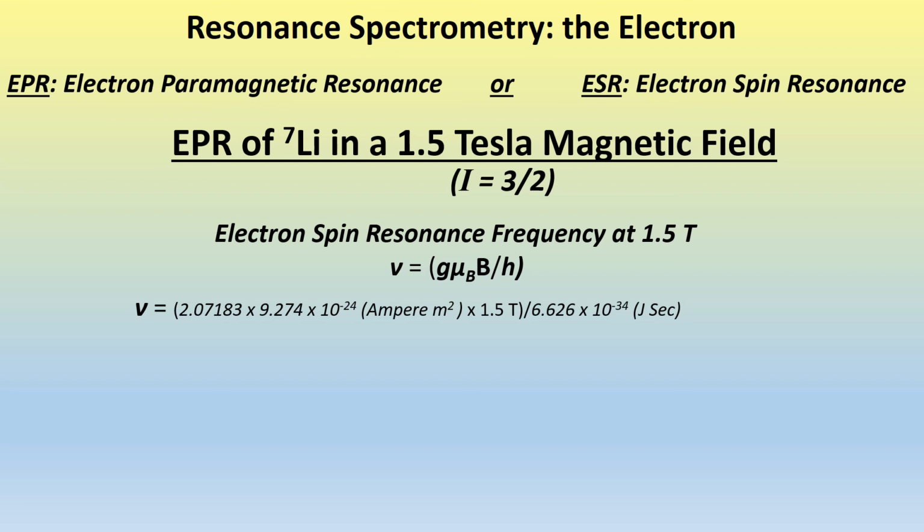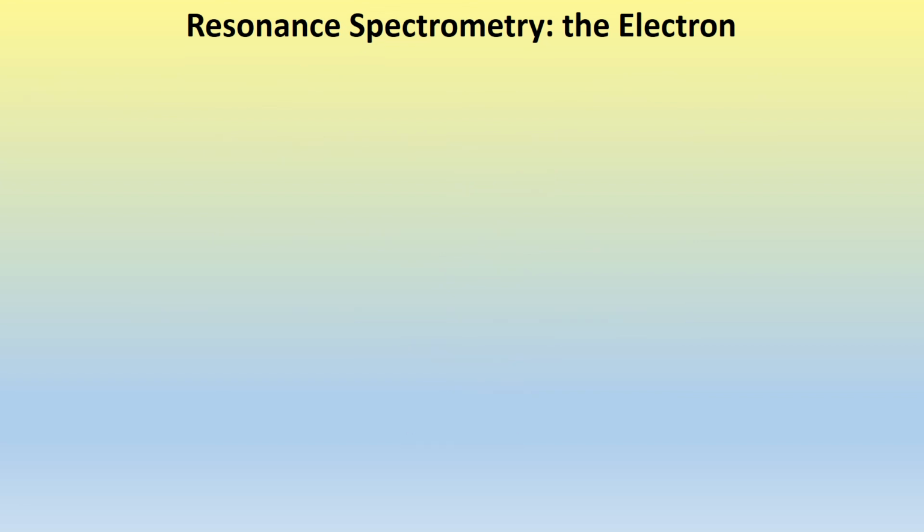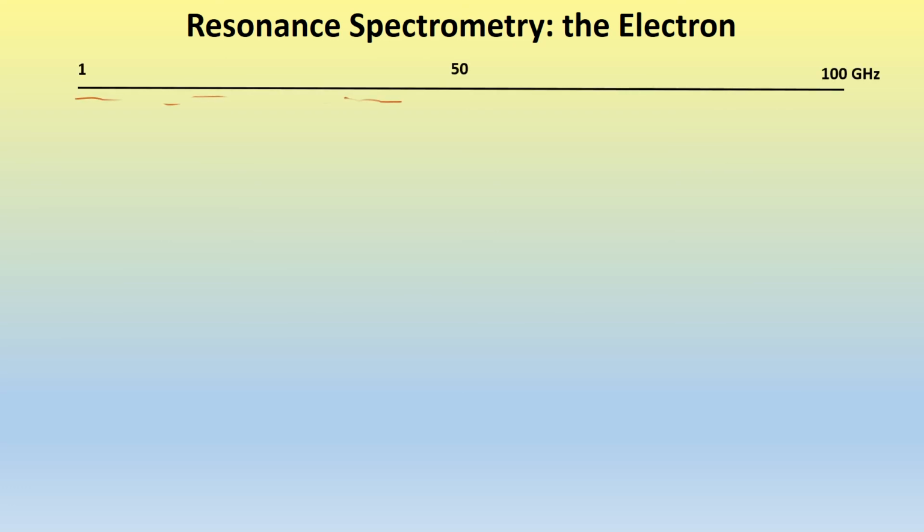For an electron in this field, we get a frequency of 4.599 times 10 to the 10 hertz, or 45.99 gigahertz, again in the microwave region. So therefore, one would expect identical electrons to resonate at an identical frequency, giving one peak at 45.99 gigahertz for the resonance of the electron.